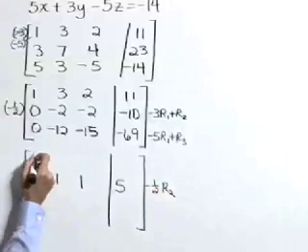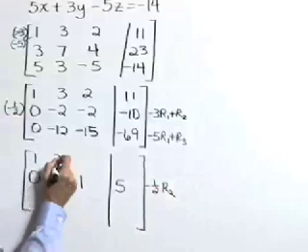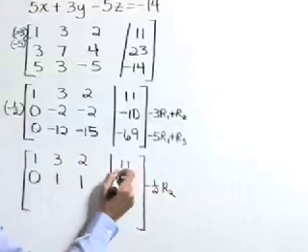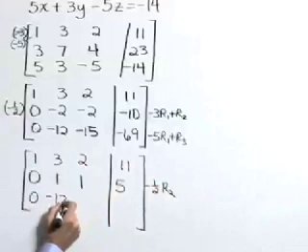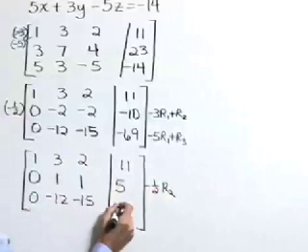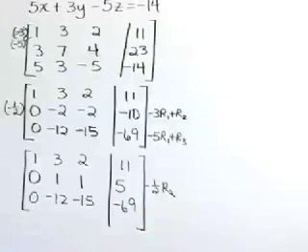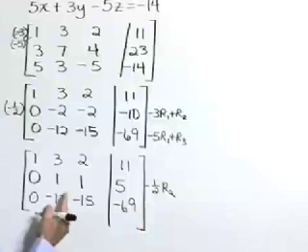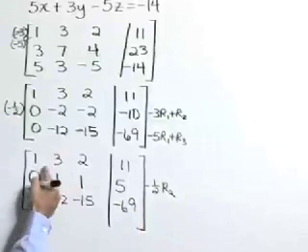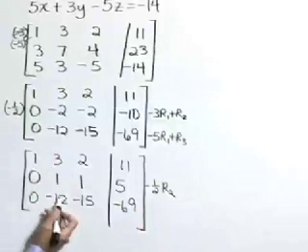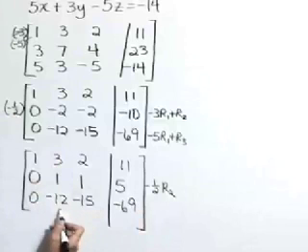I'm just going to recopy the other rows at this point. So 1, 3, 2, and 11. 0, -12, -15, and a -69. Now continuing with this second column, we'd like to see a 0 right here where the -12 is.